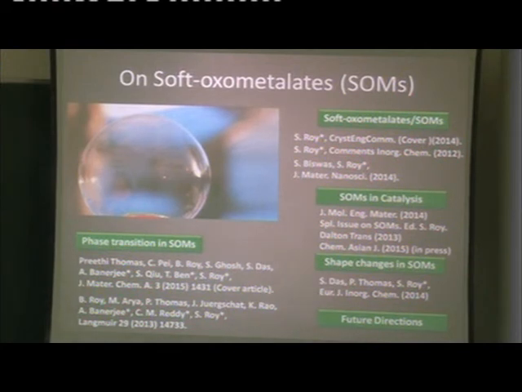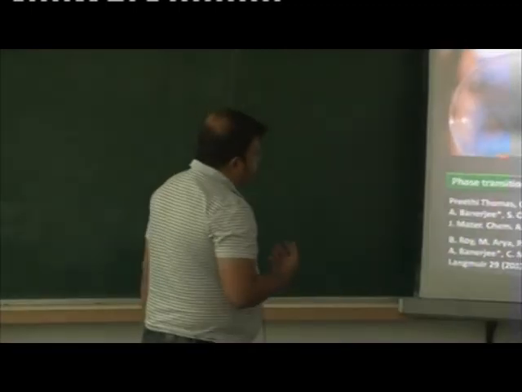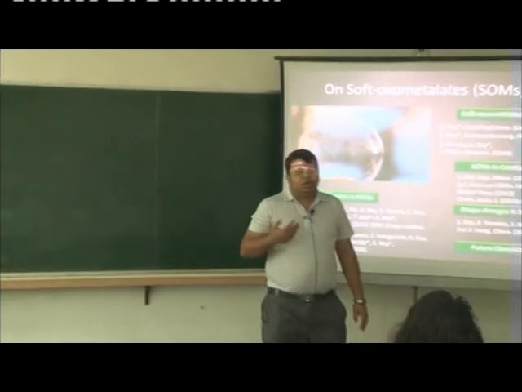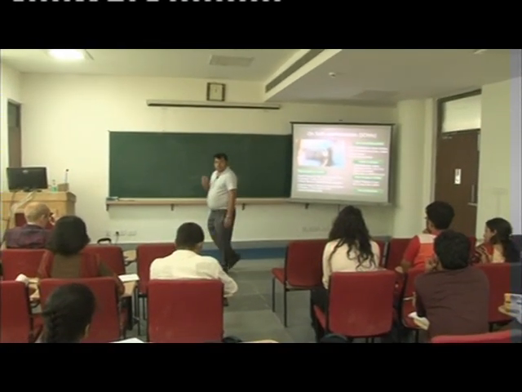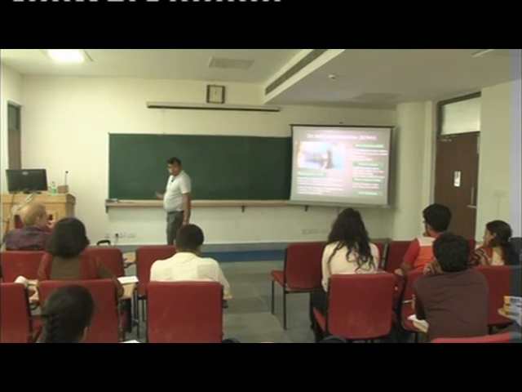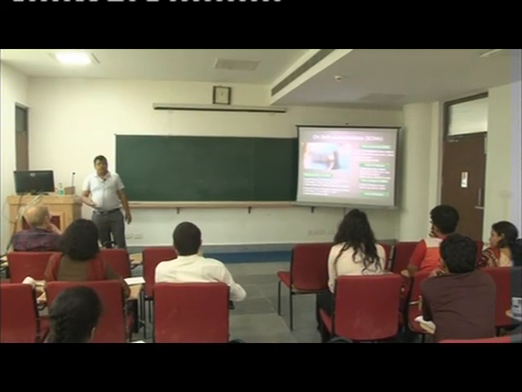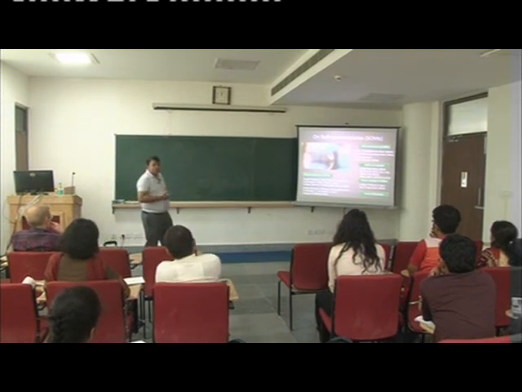And then we have talked about different possibilities of material construction with soft oxometalates, among which are artificial motors or autonomous motors, and then we have shown how we can do water oxidation and couple it with carbon dioxide reduction.